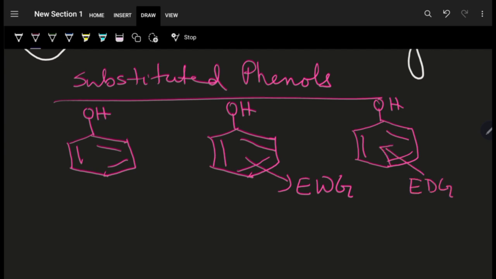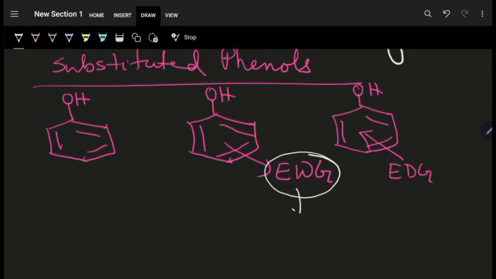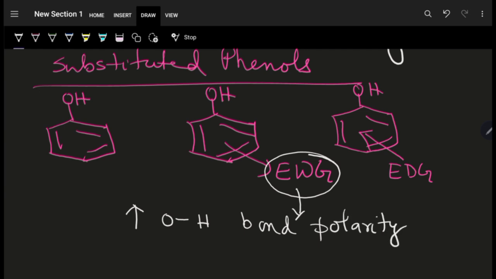Now anything that withdraws electrons from the ring, an electron withdrawing group, increases the oxygen hydrogen bond polarity, because it withdraws electrons from the ring, and so from oxygen.